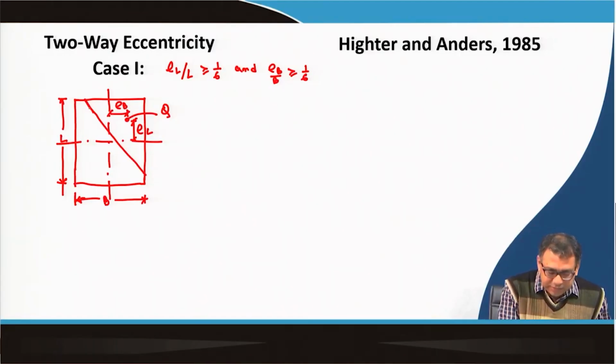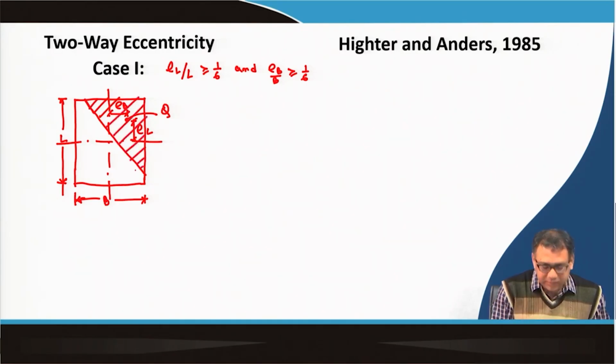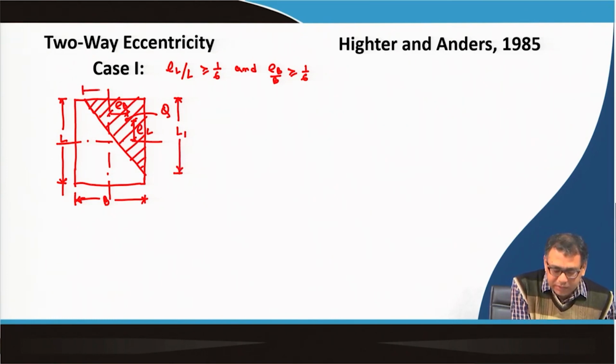So, now the effective area will be this one, and I can write that this is equal to L_1 and this one is equal to B_1.